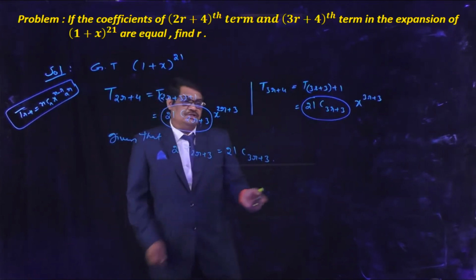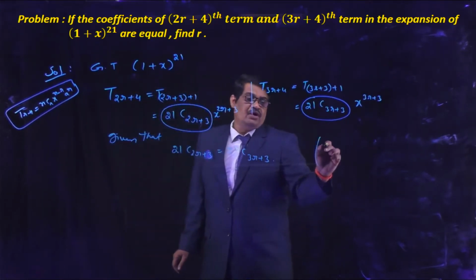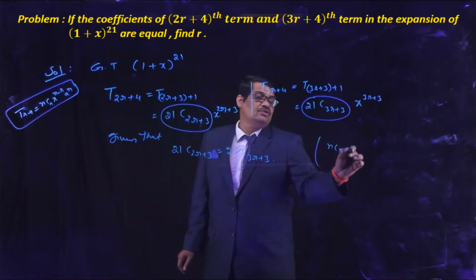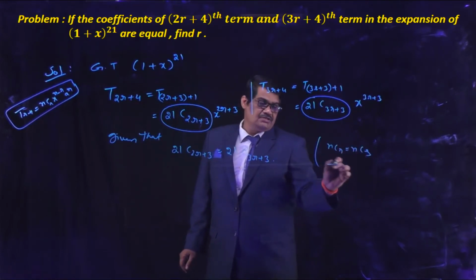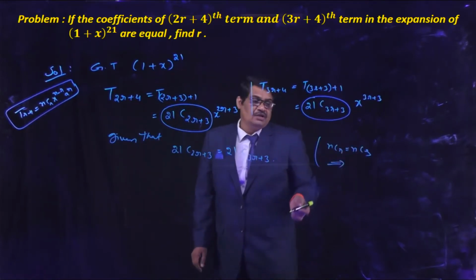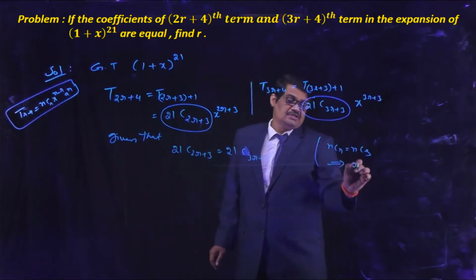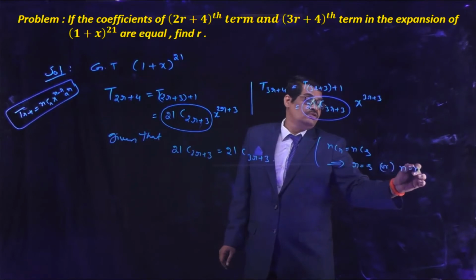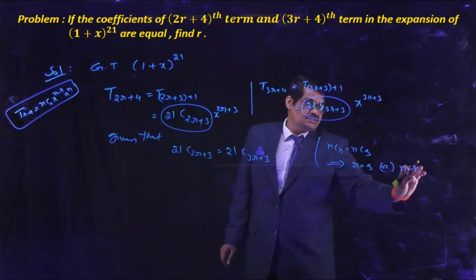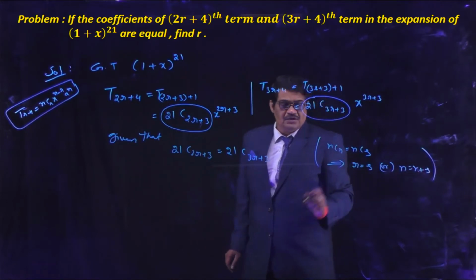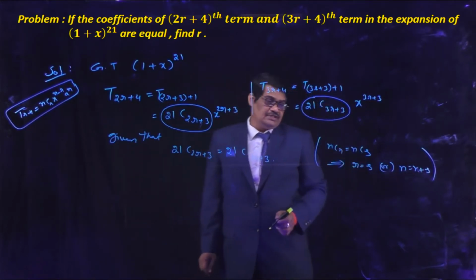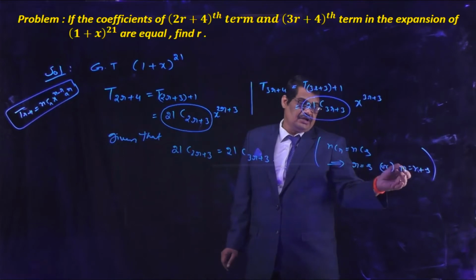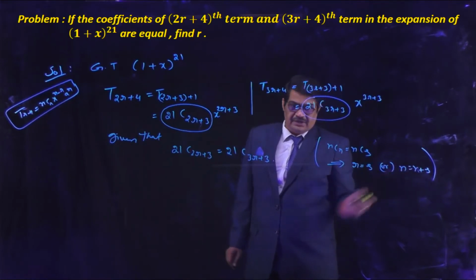So this is in the form nCr equals nCs. Then what is the formula? r is equal to s, or n is equal to r plus s. This is the formula. So if nCr is equal to nCs, then r is equal to s or n is equal to r plus s. Okay.